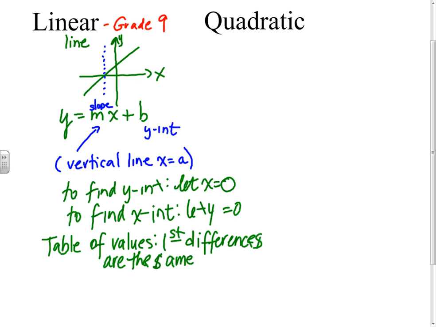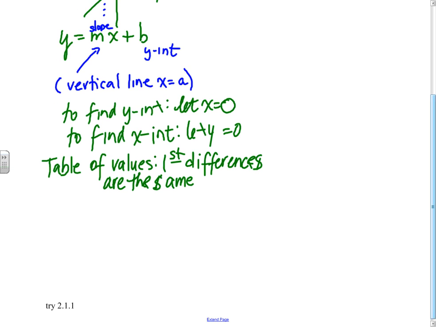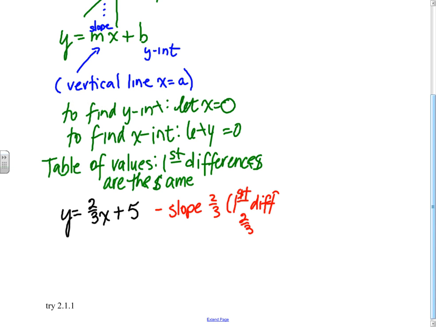All right, let's look at a couple of little examples. Y equals 2/3 x plus 5. We have a slope of 2/3, which means that our first differences on a table of values would be 2/3.